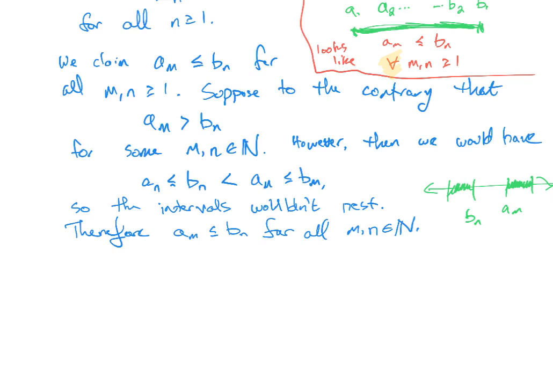Now, think about this from the perspective of suprema. This shows that every B is an upper bound on all the A's. In particular, the set of A's is bounded above.